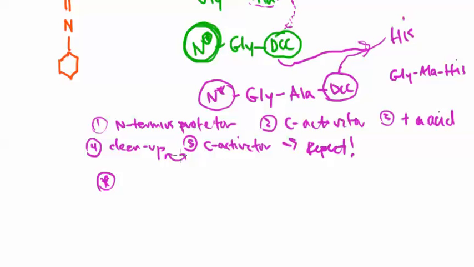So the very last step, we need to remove this nitrogen protector. And we do that by using another reagent. Now the nitrogen protector does go by a name, and this is called TBOC.